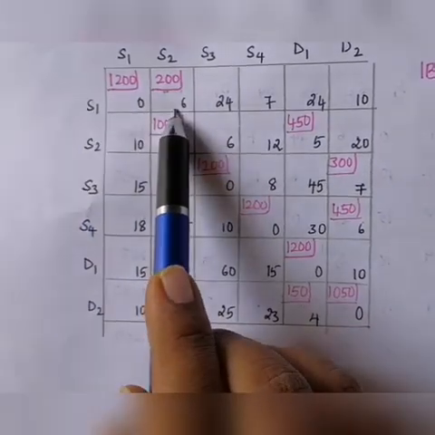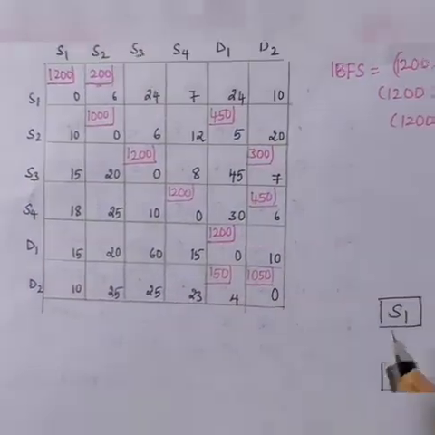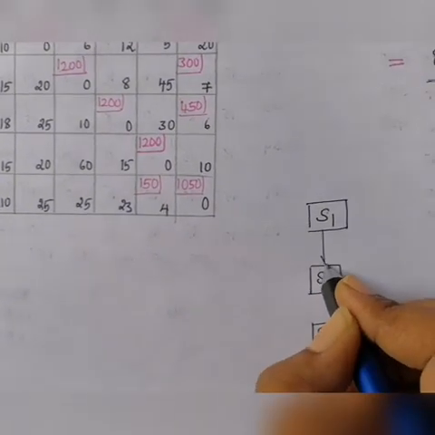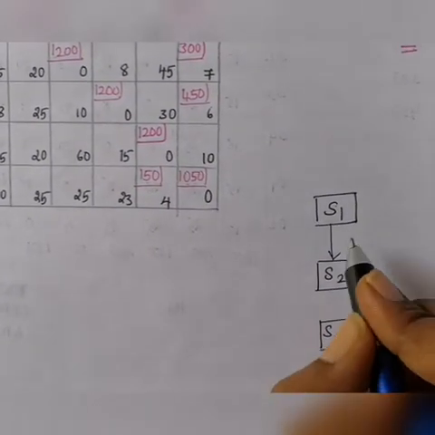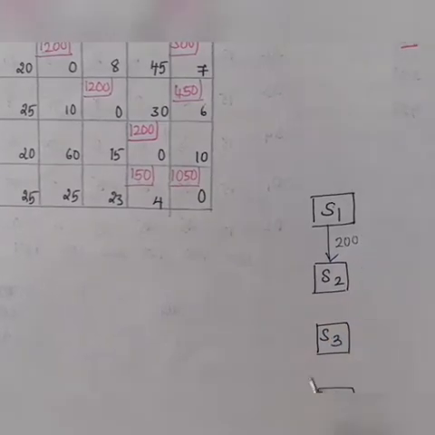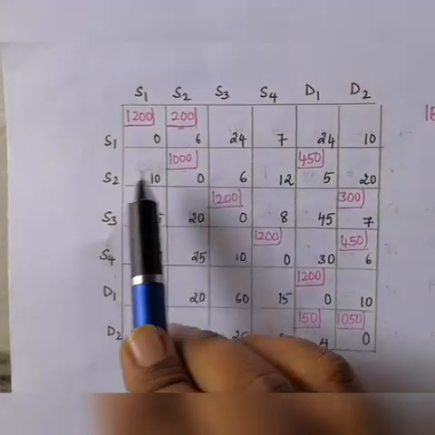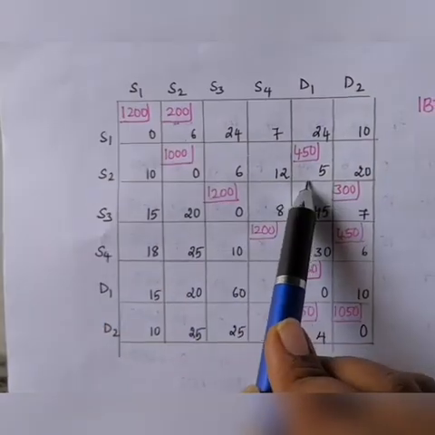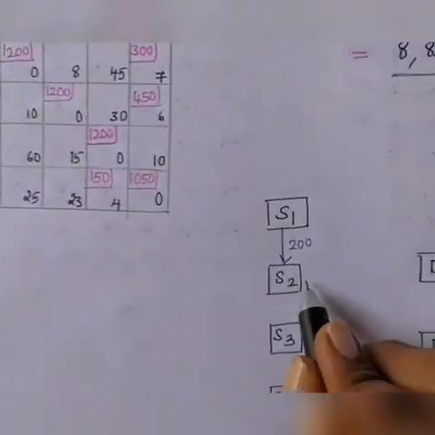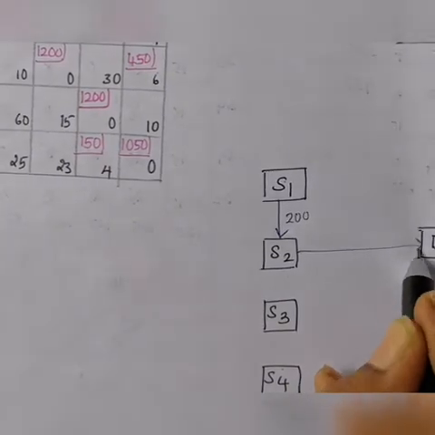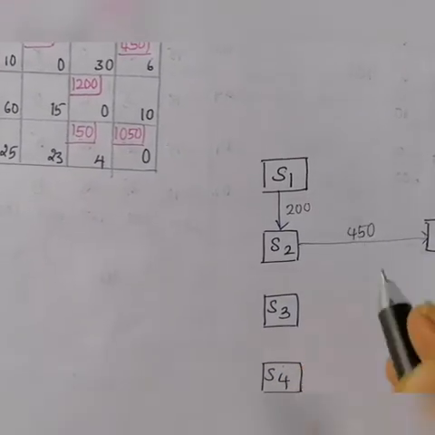According to the solution we got, S1 to S1 is 0, so do not consider this, ignore it. S1 to S2, draw one arrow from S1 to S2 here, and the value is 200. Next, S2 to S2 is 0, then S2 to D1, value is 450.